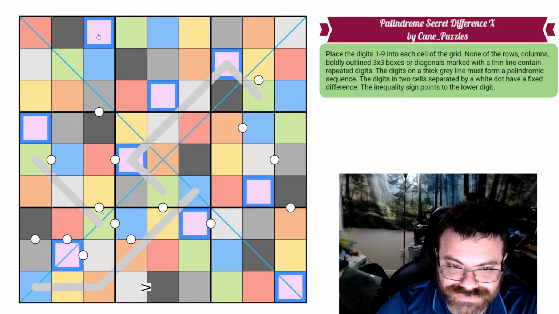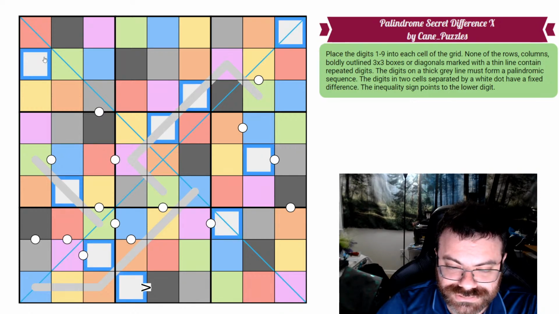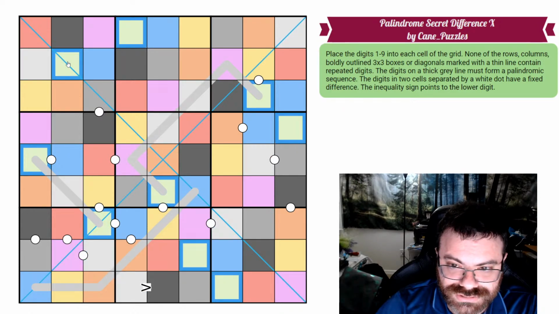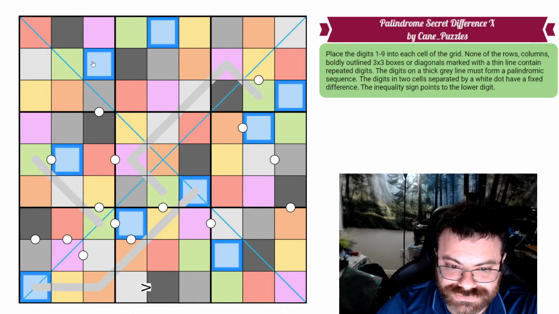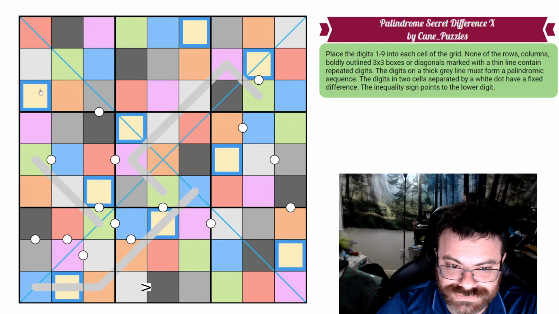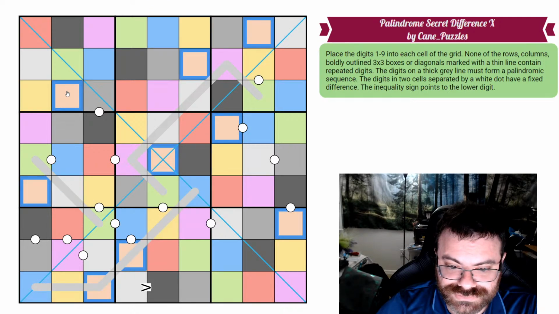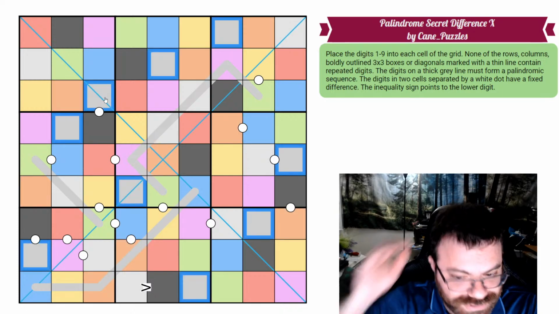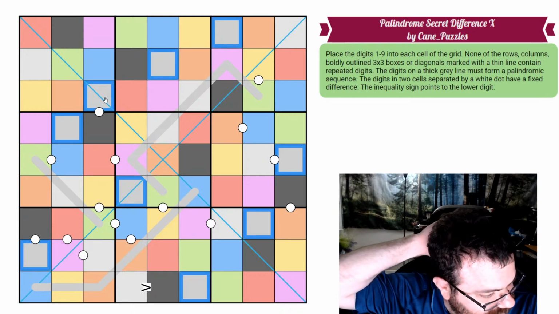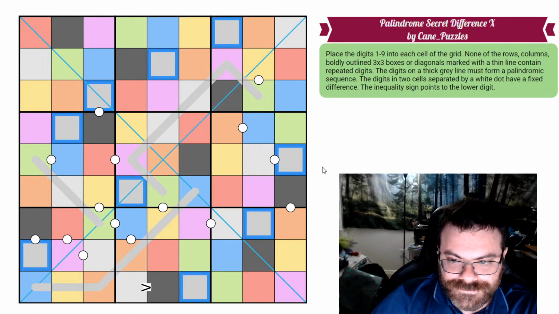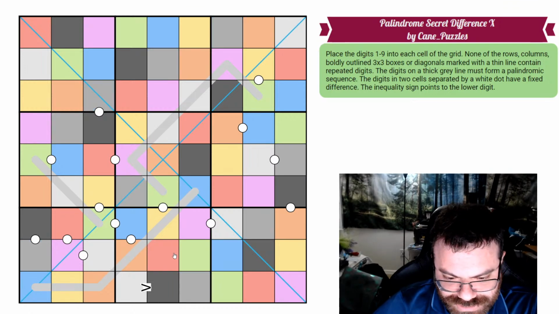Some of these colors are sort of blending together. I think everything looks good. So now we need to chain it up.